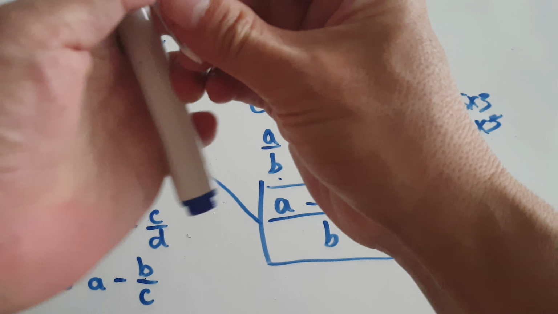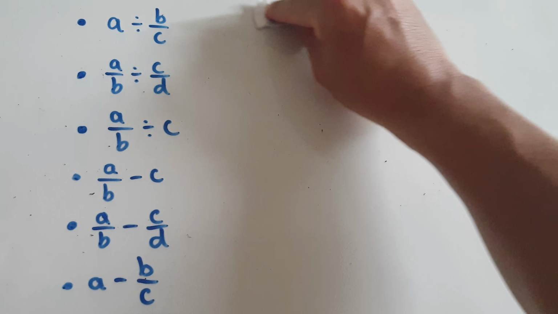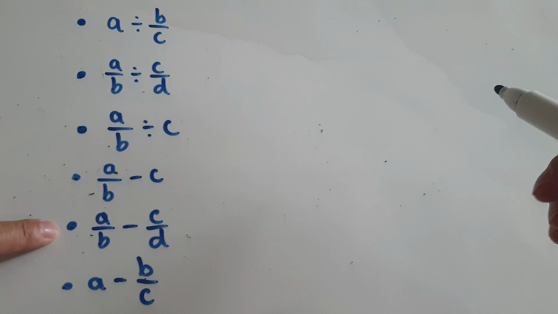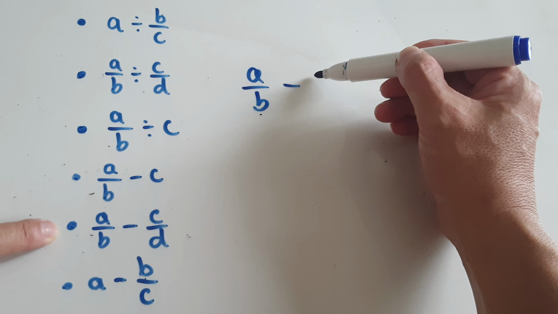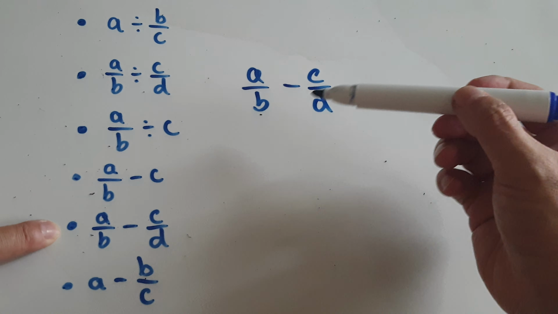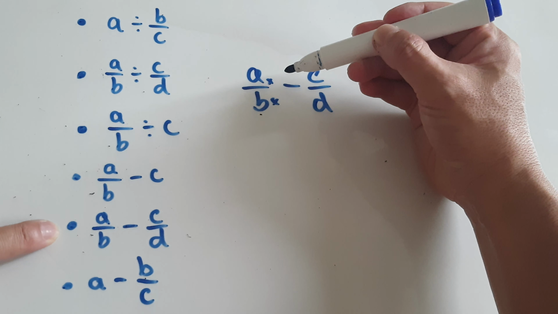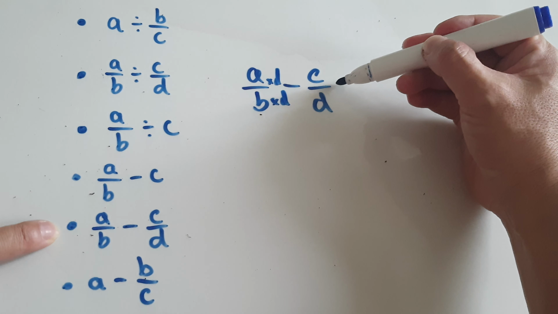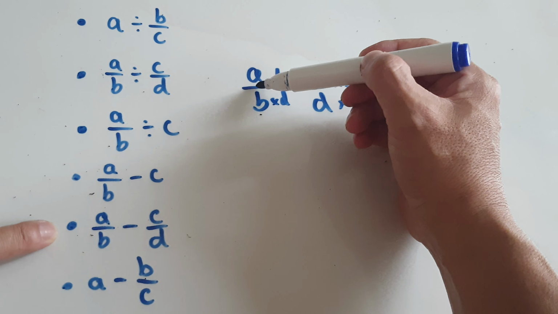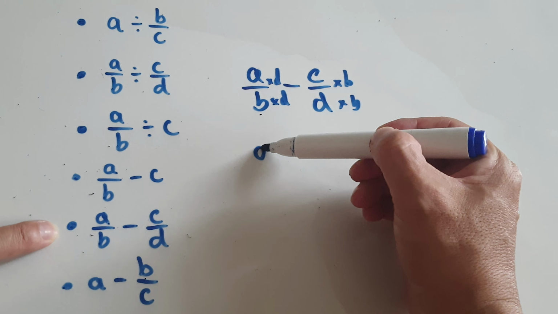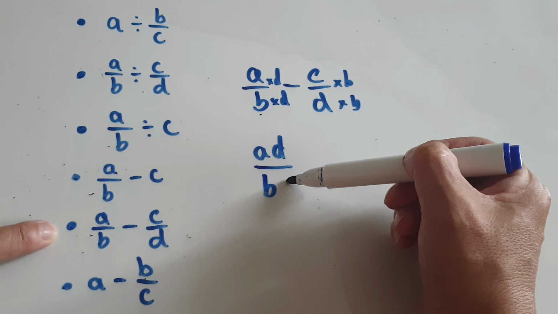Okay? Fifth one. For the fifth one, fifth one here is a over b take away c over d. So you've got to get the two denominators to be the same. So times top and bottom here by the same number, times it by the number d. And then here times top and bottom by the number b. So this fraction here will then become AD over b times d is bd.